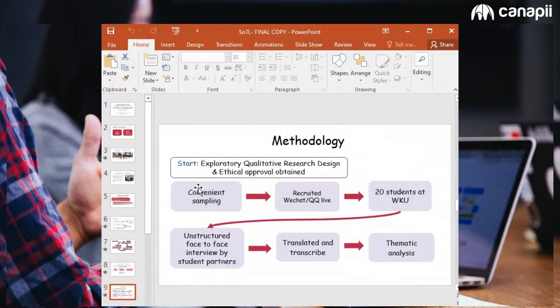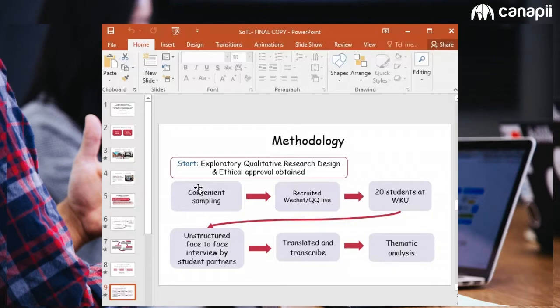And the methodology. First, needless to say, we start with an exploratory qualitative research design, and then we obtained the ethical approval. Due to the epidemic, we won't go to other universities because the pandemic policies are strict in China.